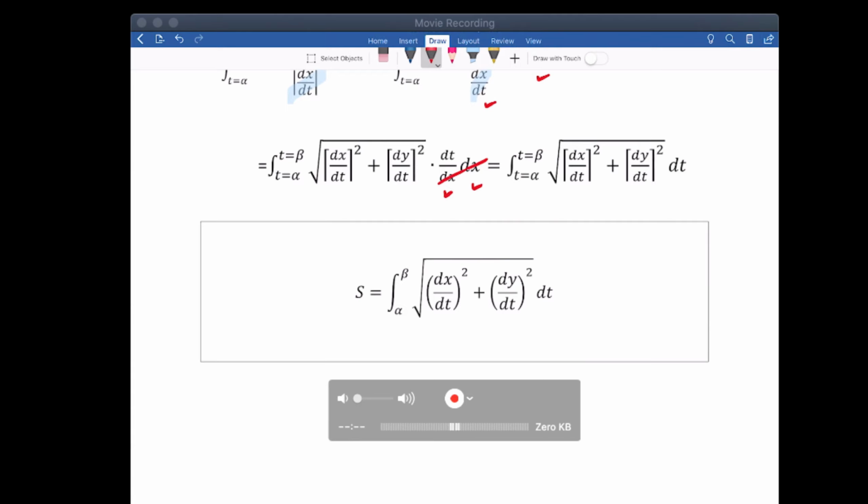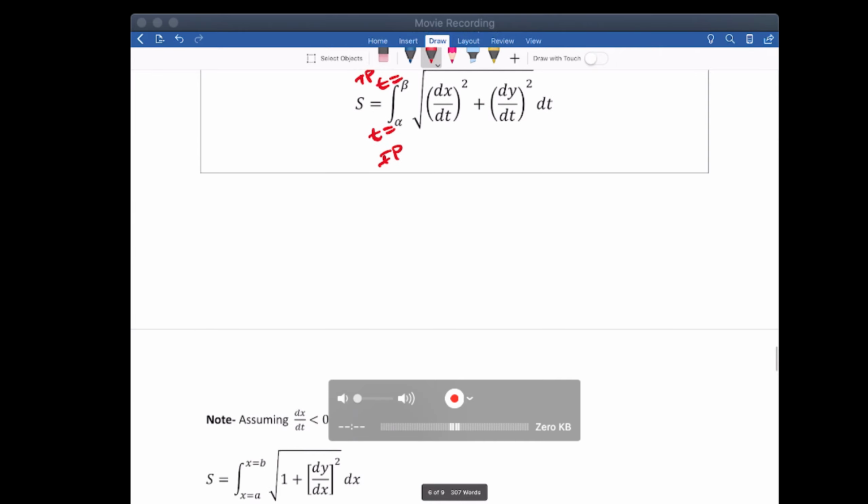So this is what we're going to use today. Okay, and this is t is alpha, and this is t is beta on our curve. This is the initial point and the terminal point in a sense, right? This is why we needed to know those things. Initial point, terminal point, and we're going to find the integral of the square root of (dx/dt) squared plus (dy/dt) squared dt.